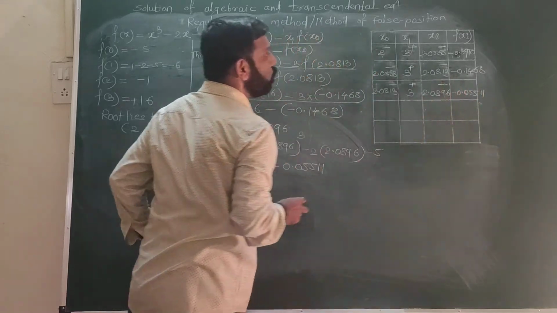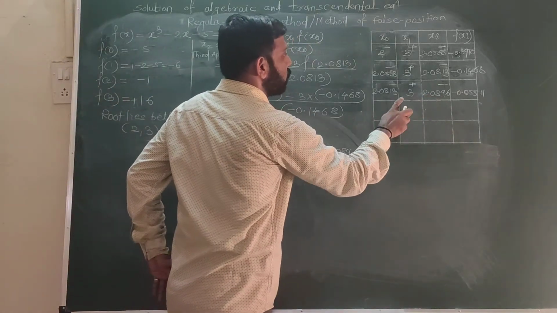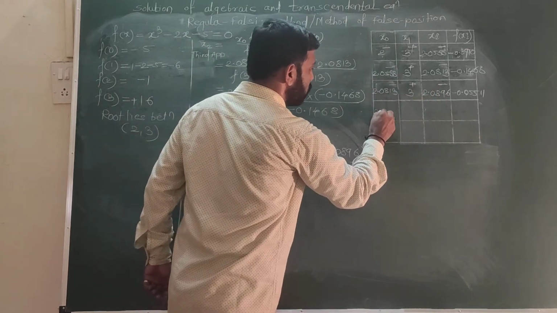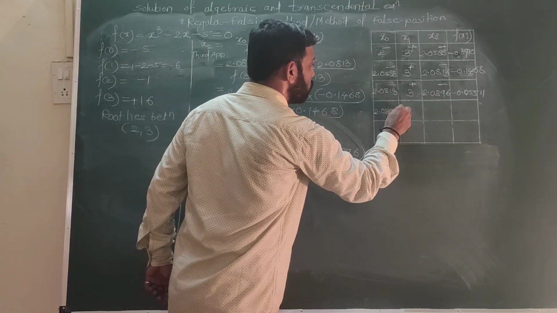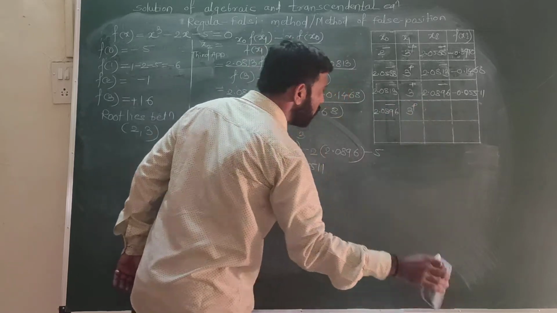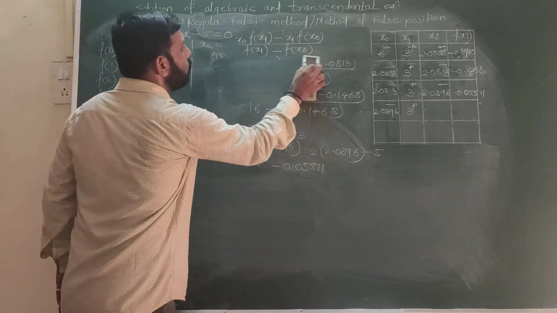So that minus sign goes with 2.0896. Now the next two opposite signs: 2.0896 with the minus sign and 3 with plus. So this becomes our next interval. So here we will change.